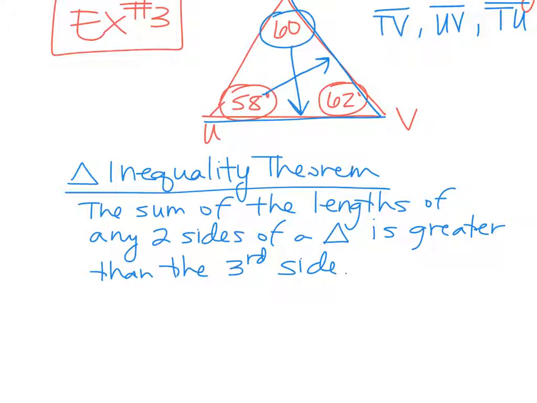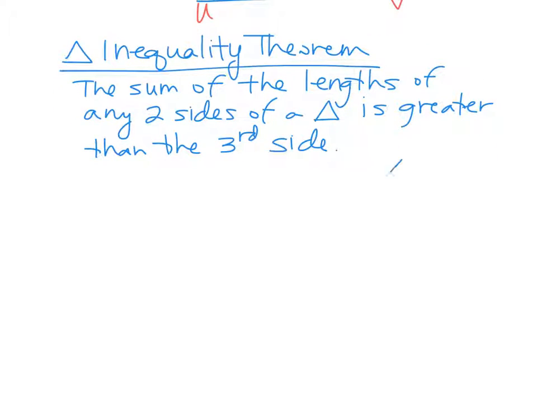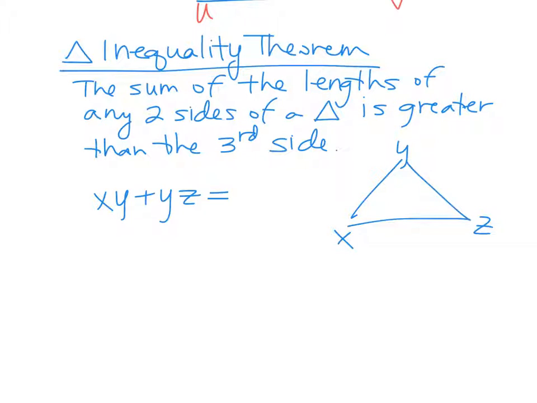Okay, stop and think about what that means. In other words, if I have this triangle, this is X, Y, and Z, it has to be true that XY plus YZ will be bigger than XZ. It has to be true that XY plus XZ, not equal, sorry, greater.